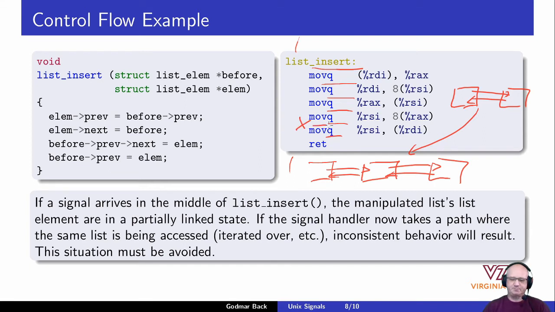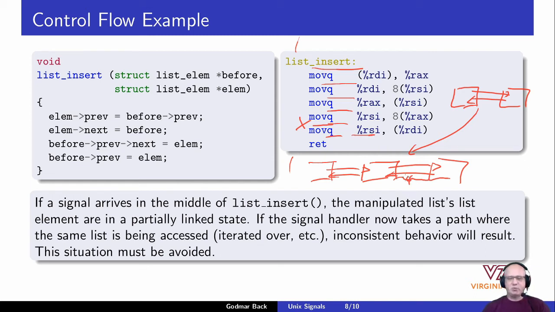At this point in time, the list is in a partially completed state. Some of these pointers have been set, but the last pointer has not been set. The last pointer would be this one here, number 4. This pointer has not been set.